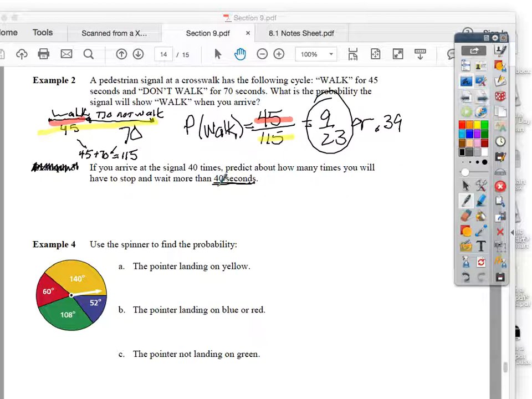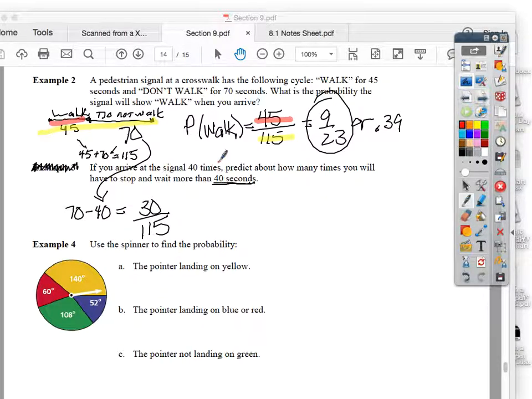So what you want to keep in mind is that if you are going to have to wait no more than 40 seconds, you have 70 seconds when you could walk. You want to wait no more than 40 seconds. That means there's 30 seconds left where you would not be walking out of 115 total seconds. But then you approach there and you're going there 40 times.